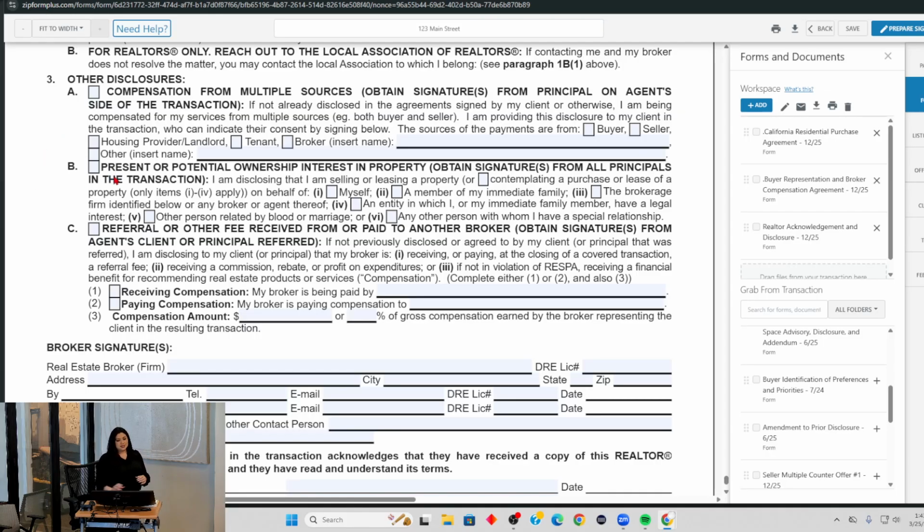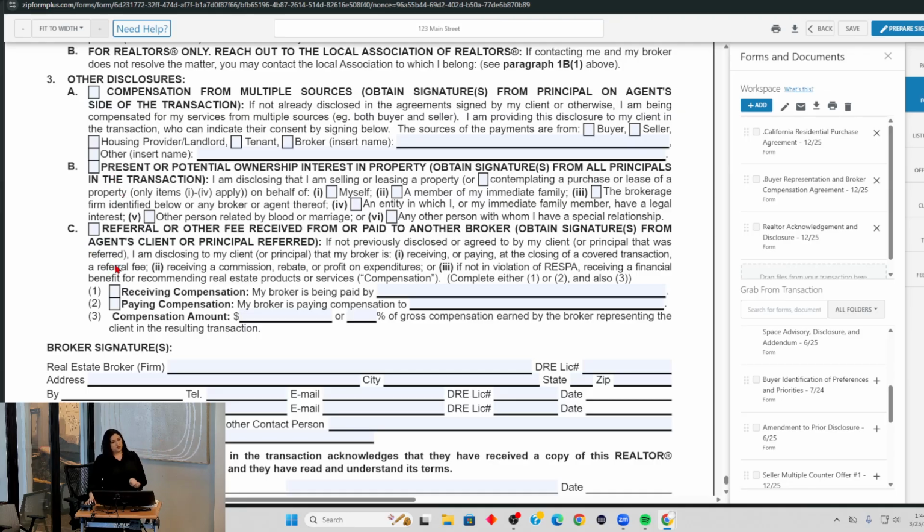Letter B states that you're representing only if you have any potential interest in the property, meaning you are part of the LLC of that seller, or you're in that entity, or that trust, or you have a connection with your immediate family who's going to give you money from the proceeds. If you have any interest in the proceeds, then you have interest in the property. That's where letter B comes in.